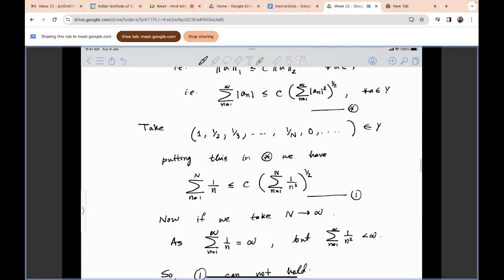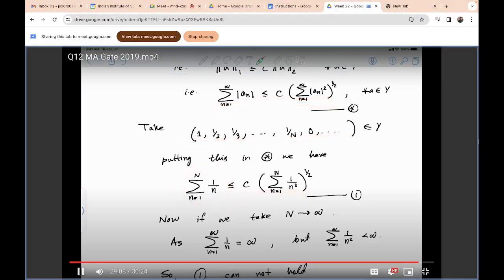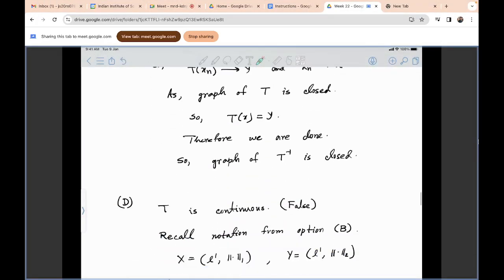We have to show that this can't happen, because if you take such a sequence, the left hand side goes to infinity but the right hand side is finite.